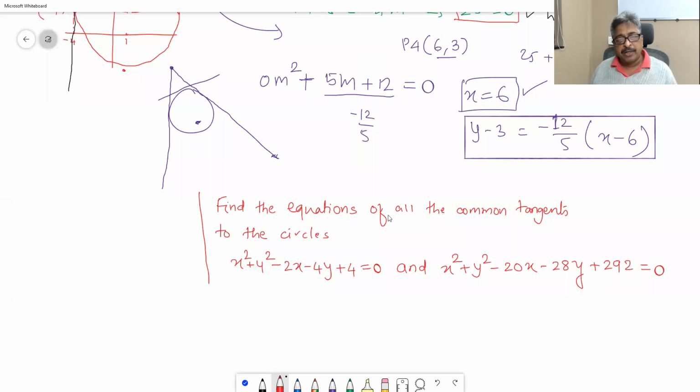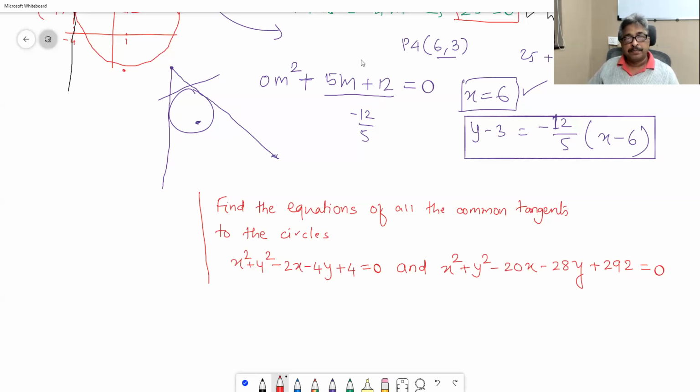Next problem is find the equations of all common tangents of the circles x square plus y square minus 2x minus 4y plus 4 is equal to 0, and x square plus y square minus 20x minus 28y plus 292 is equal to 0.